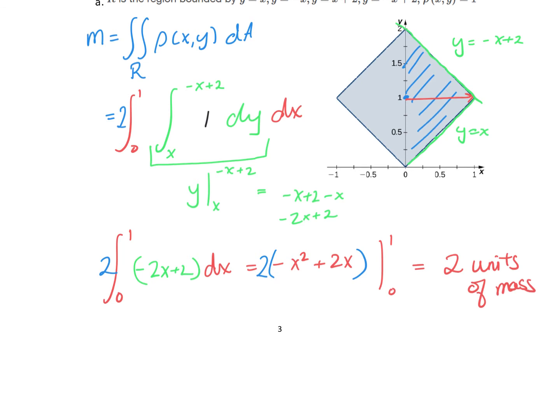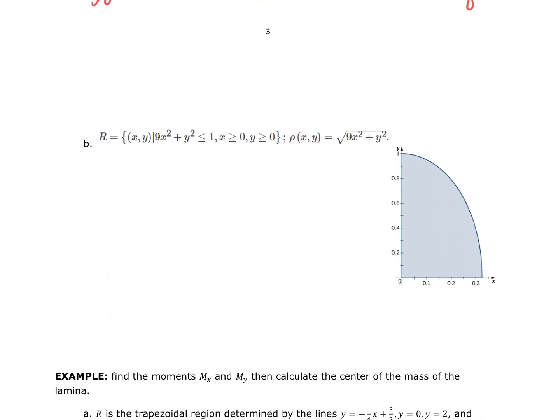Okay, let's take a look at my next example here. When we start setting up our limits of integration, it's not too bad, right? So we think, okay, we'll start from 0, and if we take this and solve for x, I'm going to get x is equal to positive and negative 1/3, but you can see it's just 1/3 there. So that's cool, from 0 to 1/3.